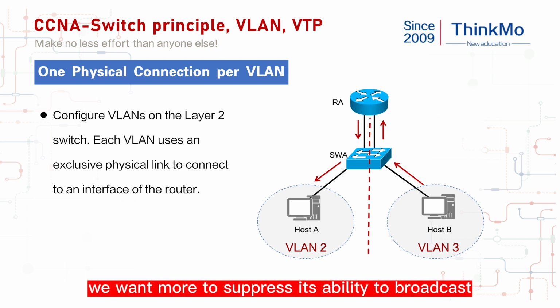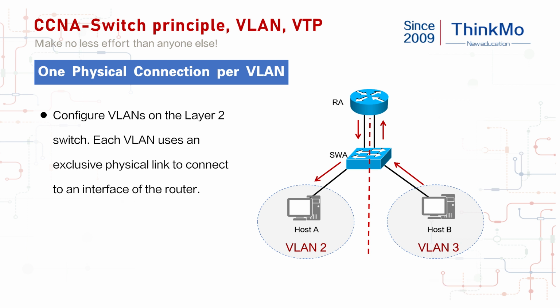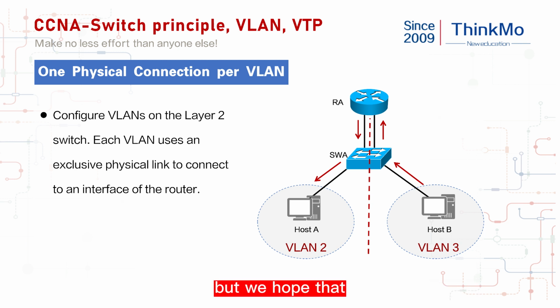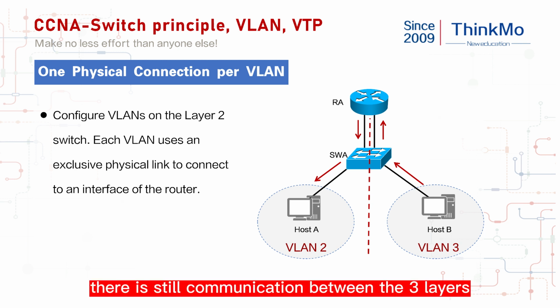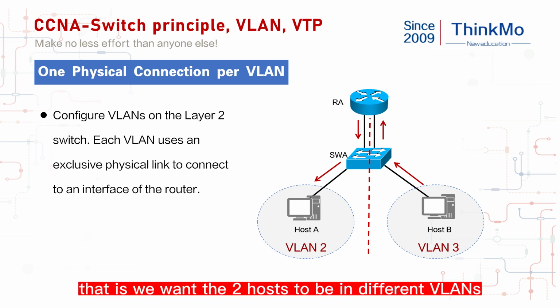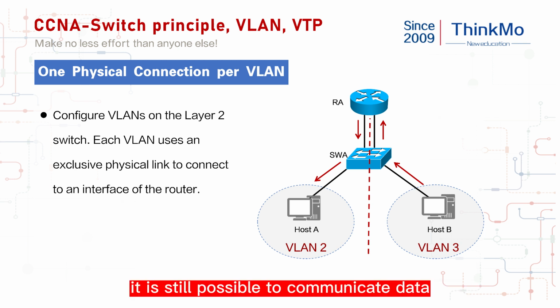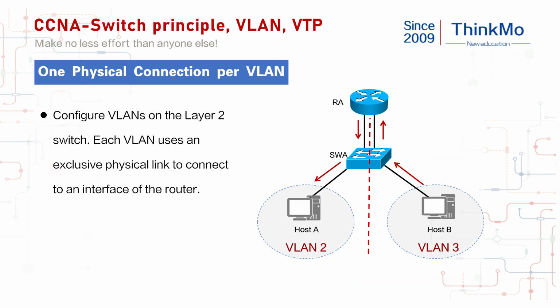We want more to suppress its ability to broadcast. Therefore, the VLAN we refer to hopes to make it unreachable at layer 2, but we hope that there is still communication at layer 3. That is, we want the 2 hosts to be in different VLANs, yet still able to communicate data.